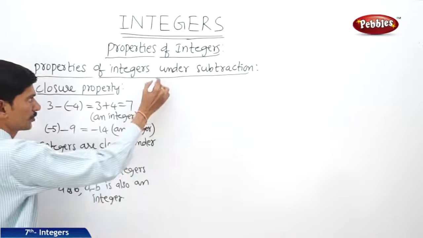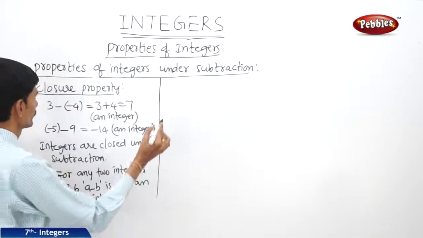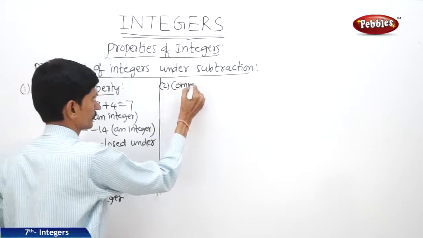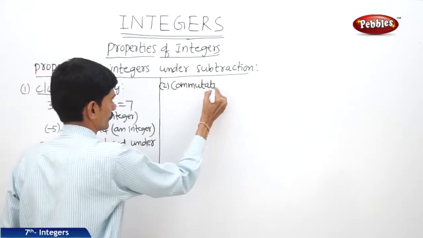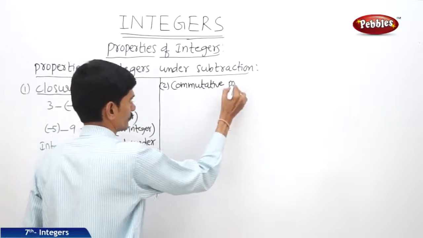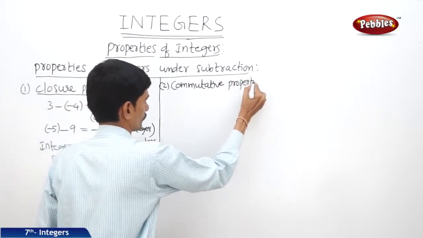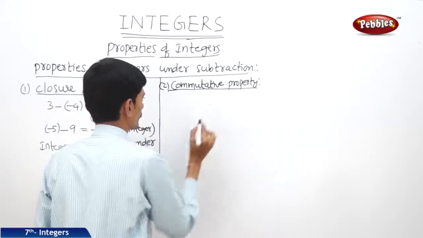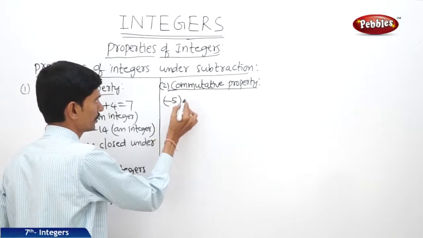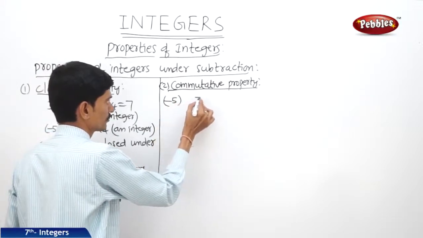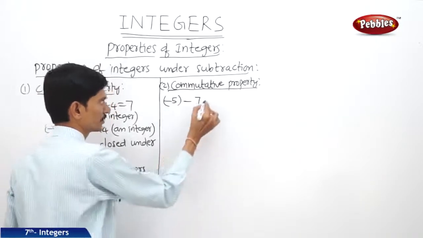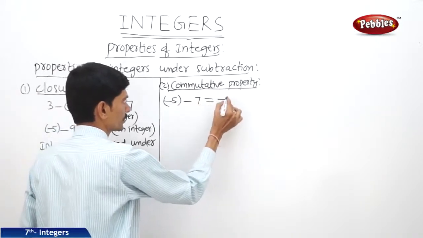Now let us see the commutative property. For example, minus 5 is an integer and 7 is an integer. So their difference minus 5 minus 7 equals minus 12.